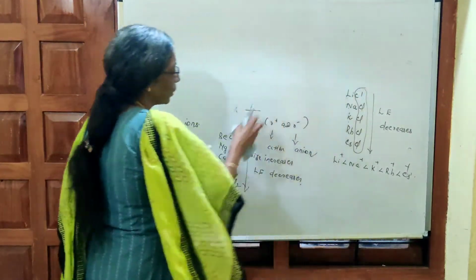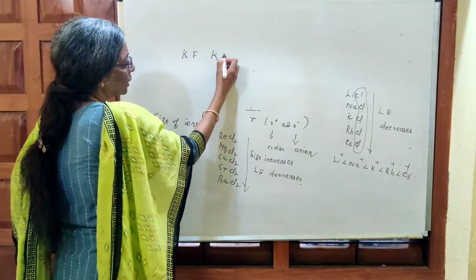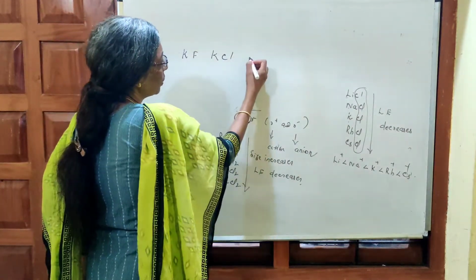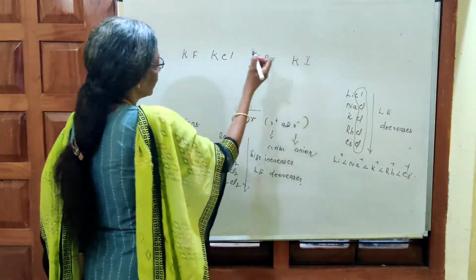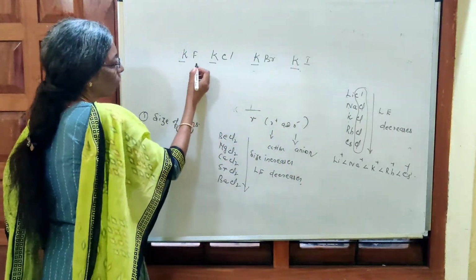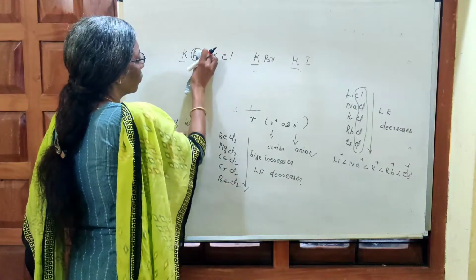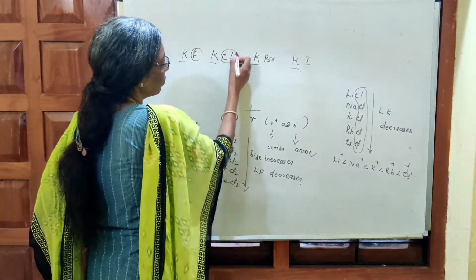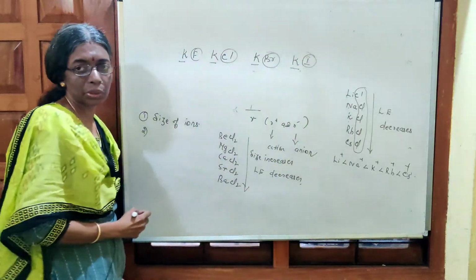If you see KF, KCl, with fluorine, chlorine, bromine, iodine, here K is common in everything. The cation is common. Fluorine, chlorine is bigger, Br still bigger, iodine is the largest one.